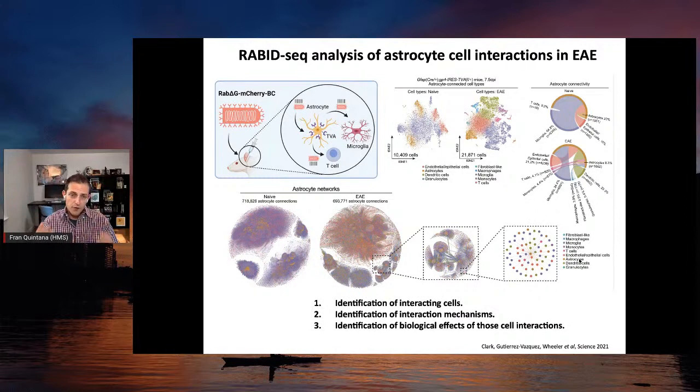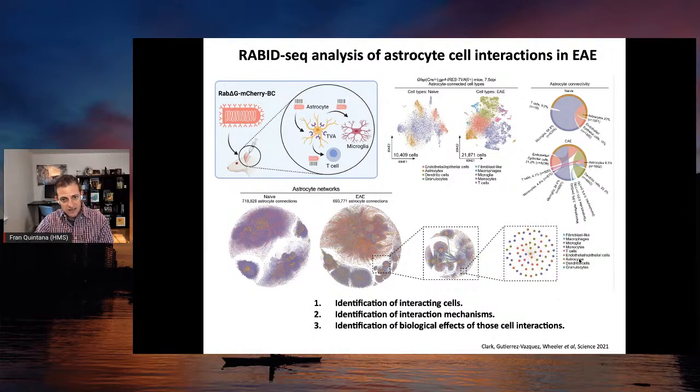Hence, when we perform rabbit-seq in the context of EAE, we can identify interacting cells, we can identify interaction mechanisms between those cells, and we can also go downstream and identify the effect that those interactions have on each cell type involved, the astrocyte and, for example, microglia.